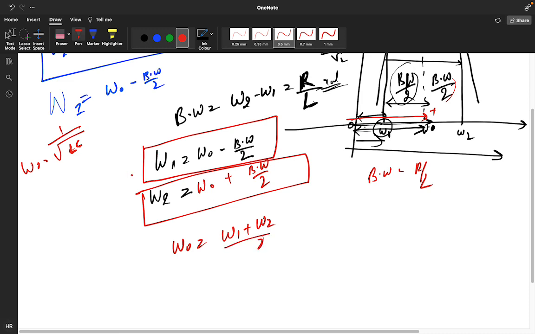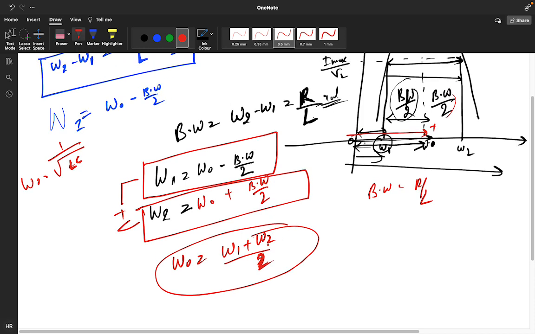If you add these two, this will get cancelled out, 2 omega naught will come, so omega naught is omega 1 plus omega 2 by 2. Is this clear, guys? Prasanna, is this clear, or do you want any explanation? Got it, sir. It's clear now.